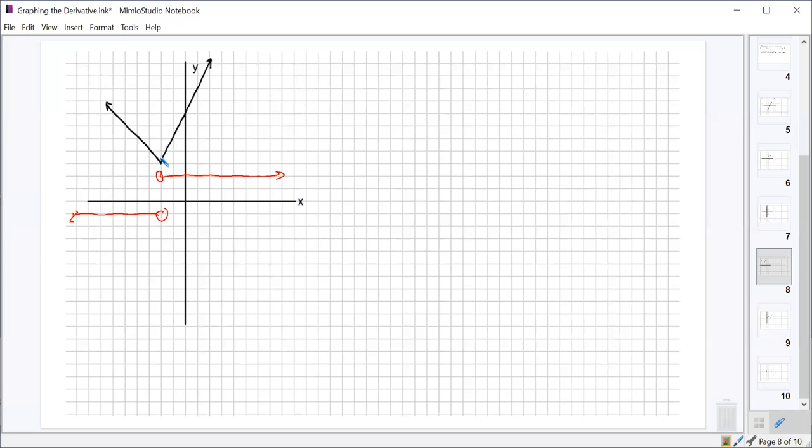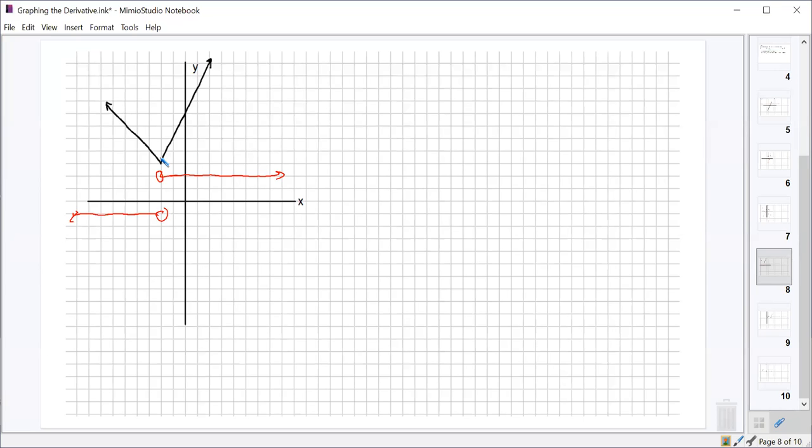Is the discontinuity always a jump? Generally so. Let me think about that for a second. If you have a corner, yes. If you have a cusp, also yes. If you have a vertical tangent line, not necessarily.